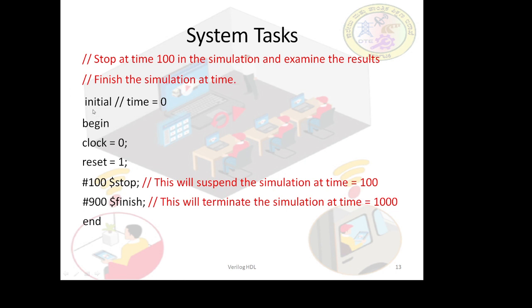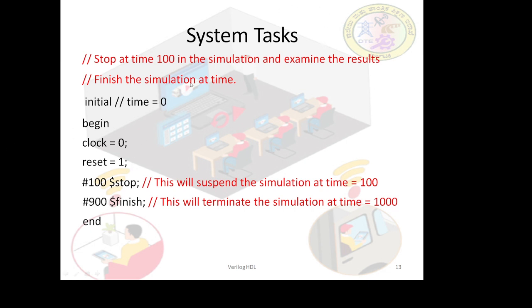So here the initialization is done at simulation time 0. The clock is equal to 0 and the reset is initialized as 1 at 0 units of time. After 100 units of time the simulation will be suspended; it will not stop, it will temporarily suspend the simulation and examine the results.